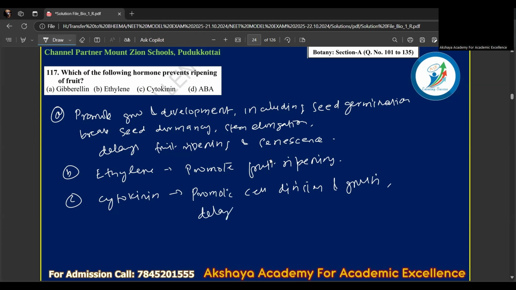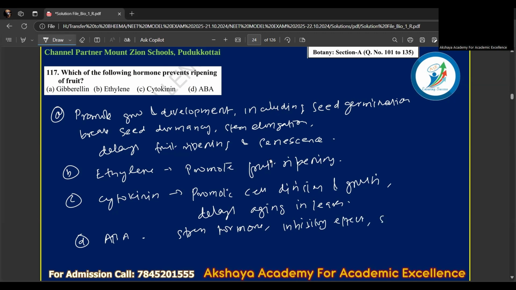It delays aging in leaves. And D, which is abscisic acid, is a stress hormone. It has an inhibitory effect. It creates dormancy, etc. So the more appropriate answer will be gibberellin. It can prevent fruit ripening. So your option will be option A.